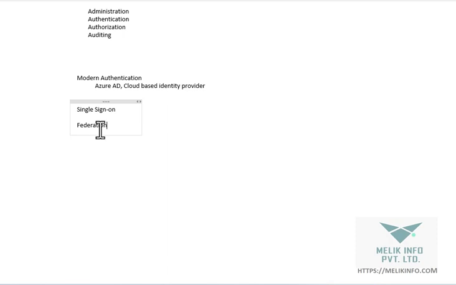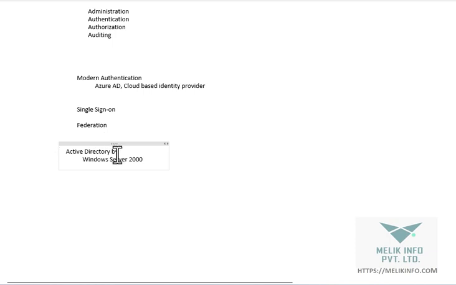Microsoft introduced the concept of Active Directory with Windows Server 2000. That was the first time they introduced this. And it was developed by Microsoft.